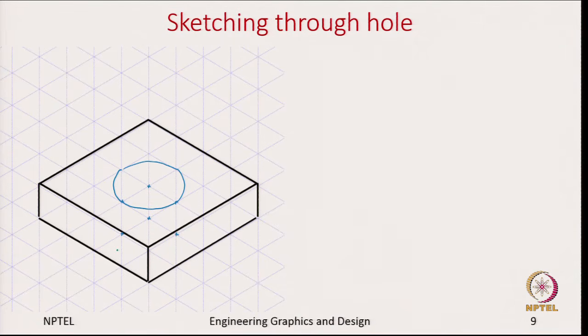Now, I will be using construction lines, because I do not know which parts of the circle I will be able to see in this isometric view. So, first the long arcs, and the short arcs.